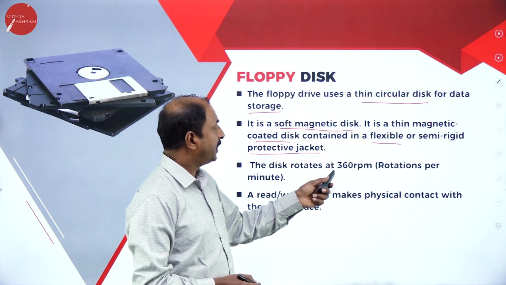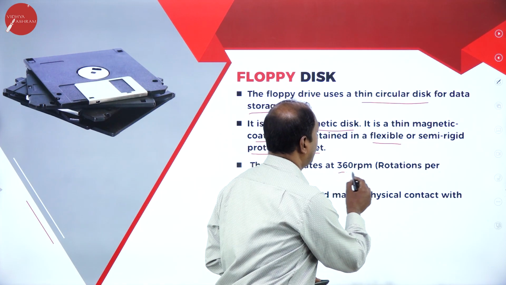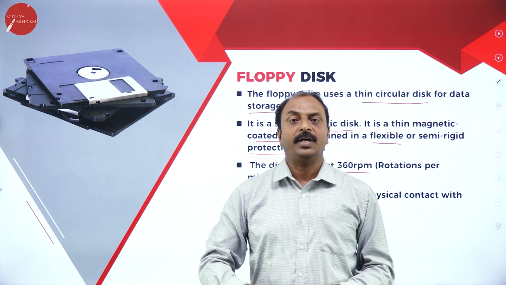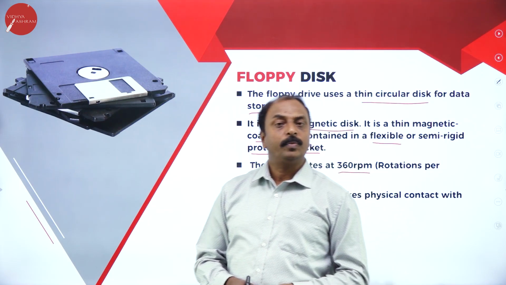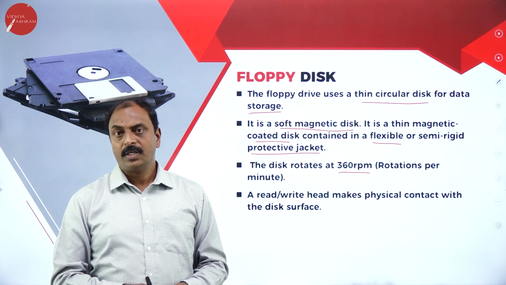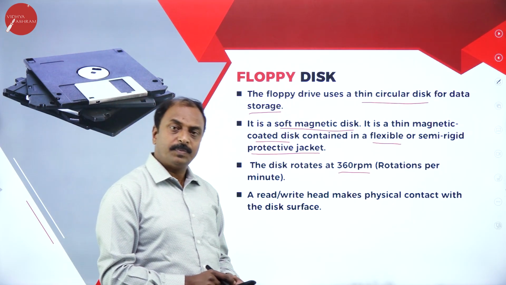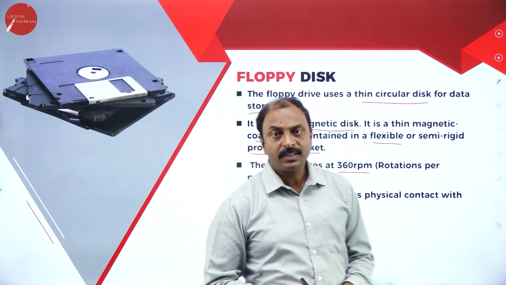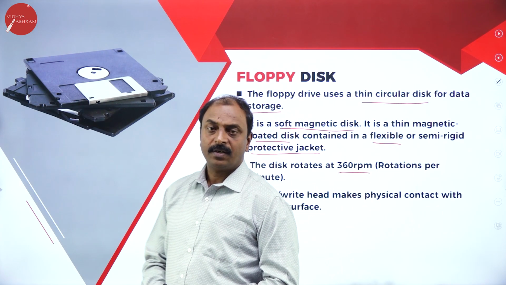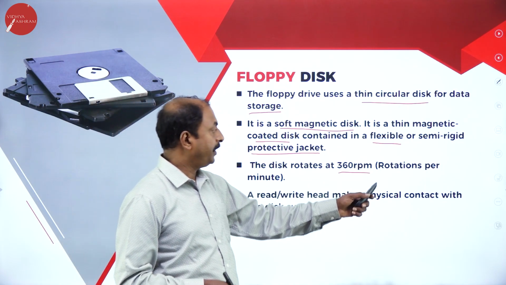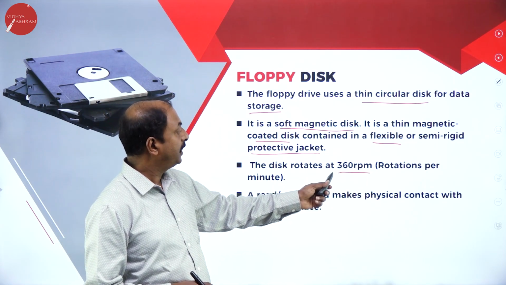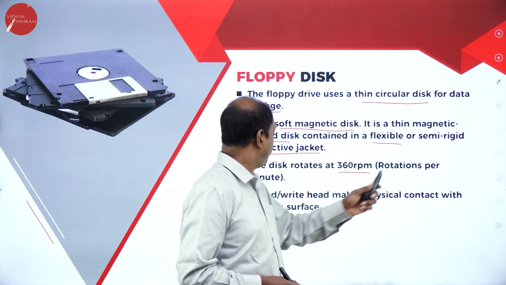The disk rotates at 360 rotations per minute. Whenever you are reading any data in a computer, you might have heard a rotation sound in the CPU. That is because of either the hard disk or the floppy disk, which starts rotating at a specified speed. In this example, the floppy disk rotates at 360 rotations per minute.